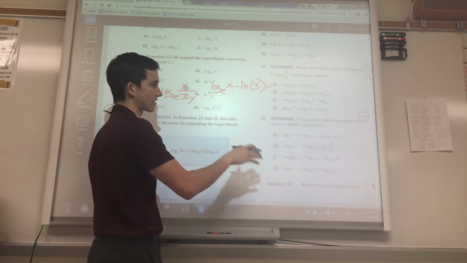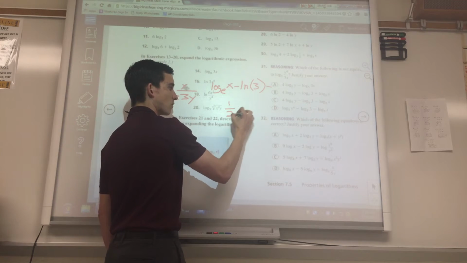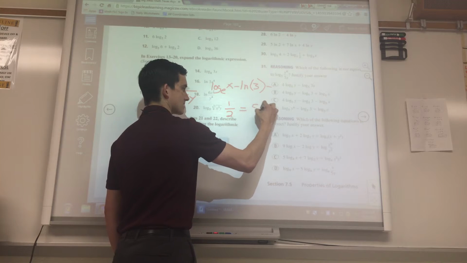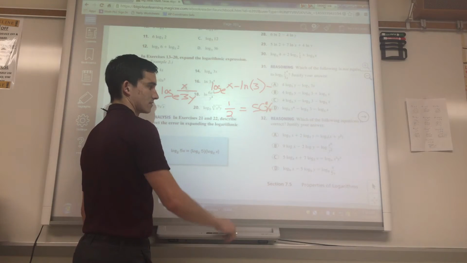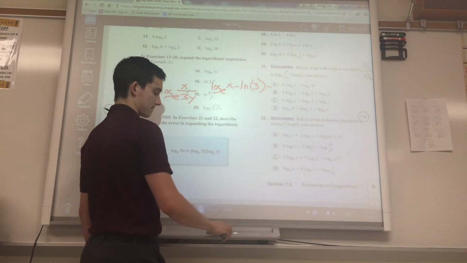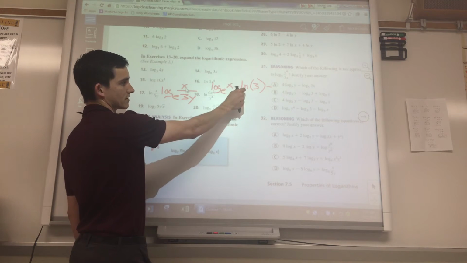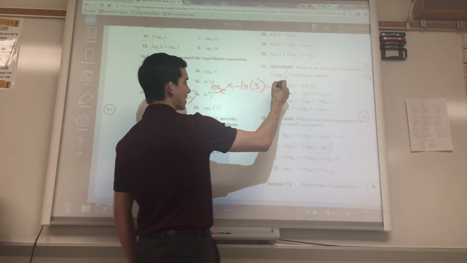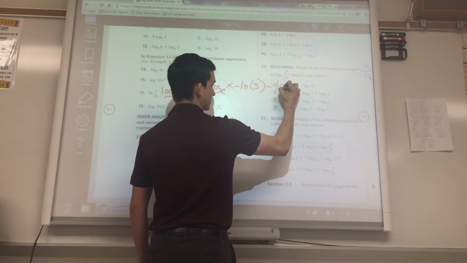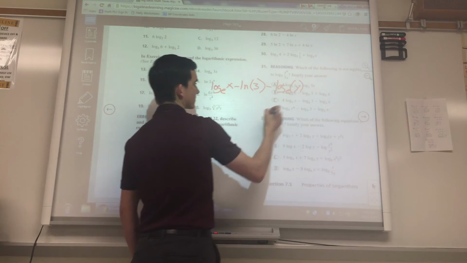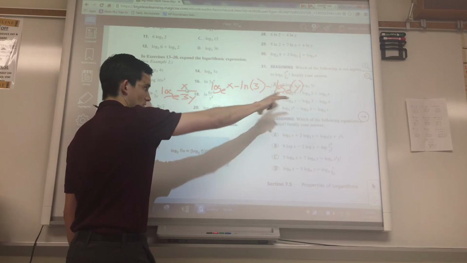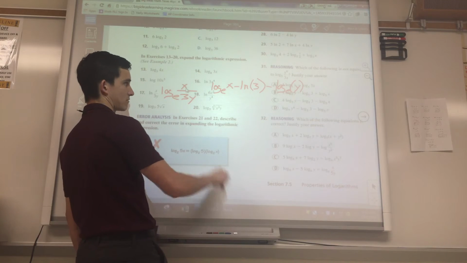They're the exact same thing, written two different ways, in the same way that 1/2 is the same thing as 50%. Those are the exact same thing, written two different ways. In the same way, these are the exact same. All right. Minus natural log, or let me write it one more time this way. Log base e of y. So that would be written totally out. And that would be done.